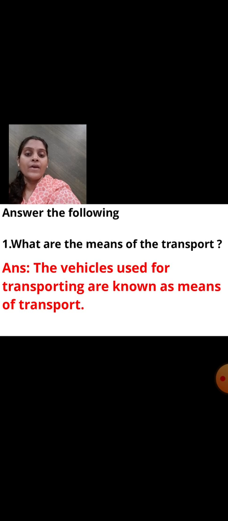Now answer the following. What are the means of transport? Just think for the answer. I will give you the answer. The vehicles used for transporting are known as means of transport.